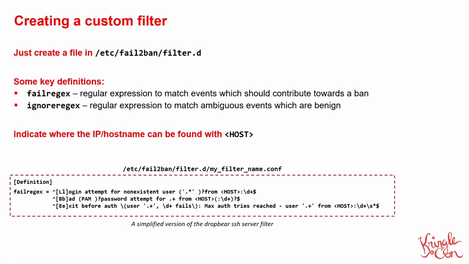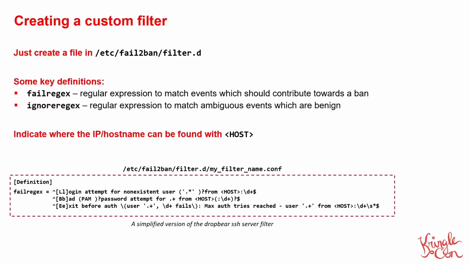A key parameter to include in these values is that of <HOST> in angle brackets. Fail2ban uses this to know where in each individual log file entry it can find the attacker's IP address or hostname, because of course it needs to be able to pick that out in order to take action on it later.